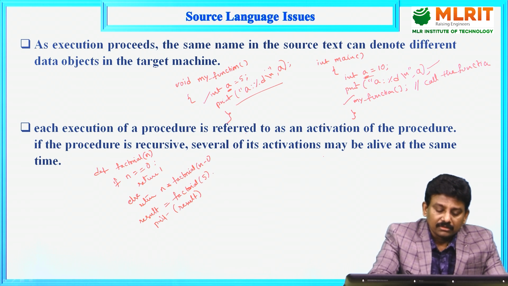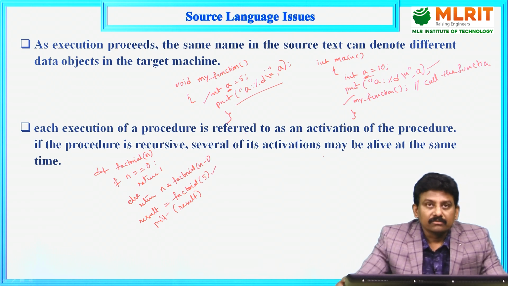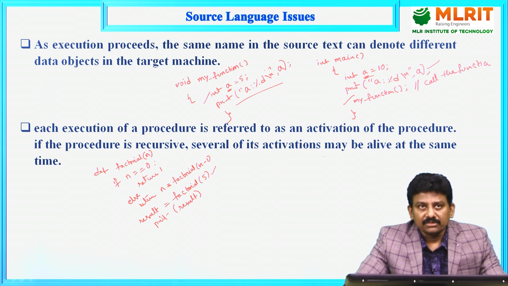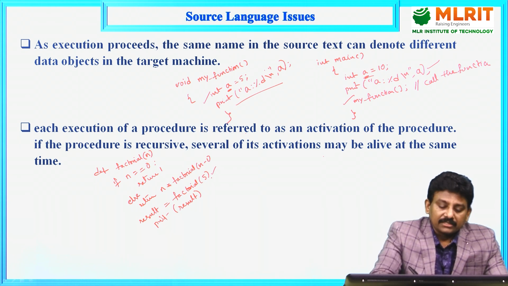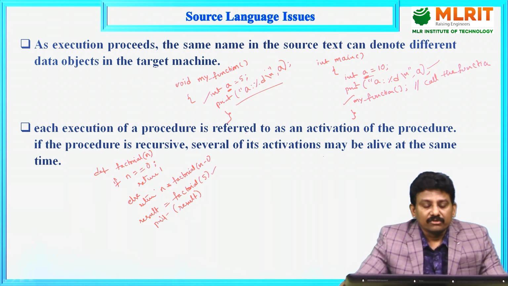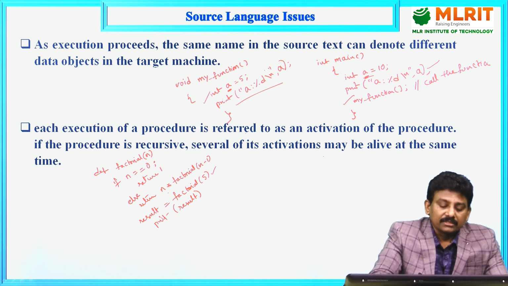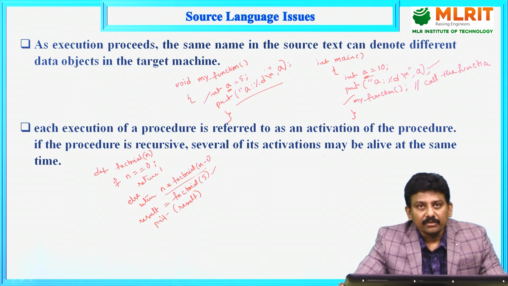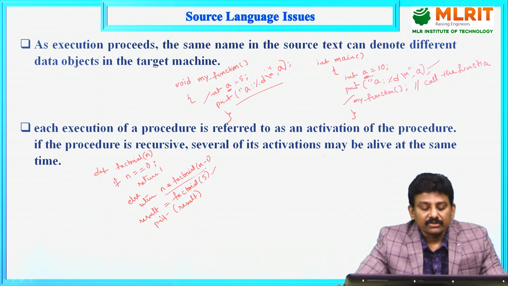If you call factorial with the value 5, an activation record is created, and the function factorial is active for factorial 5. As 5 is not equal to 0, the else part will be executed, that is n into factorial n minus 1.